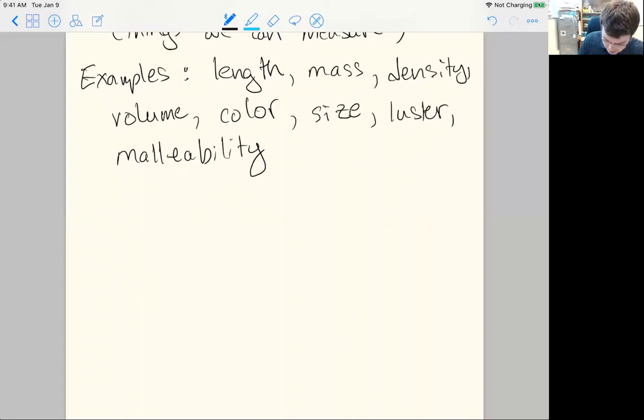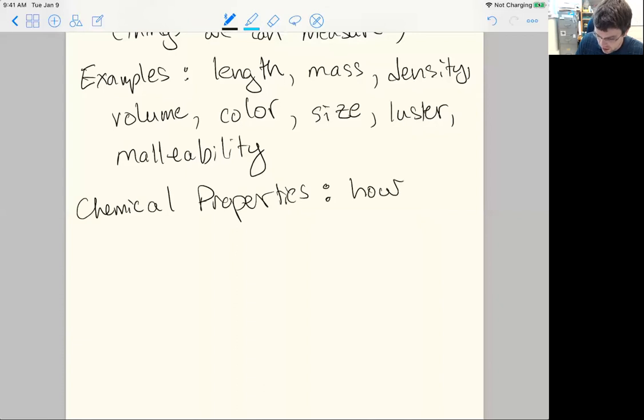Let's talk next about chemical properties. I didn't write the question, but I'm going to answer it: what is a chemical property? When we're looking at chemical properties, we're looking at how matter interacts. Interacts is a very good word, but chemists really like the word react.